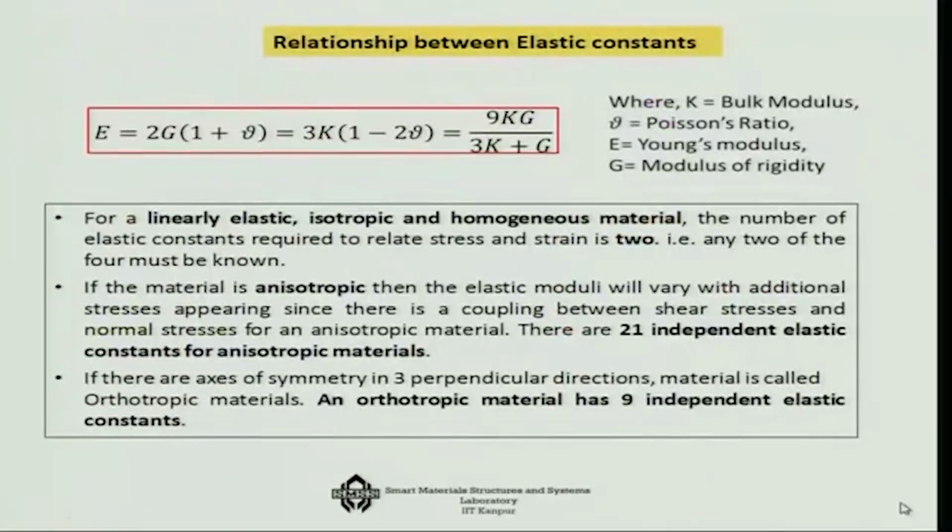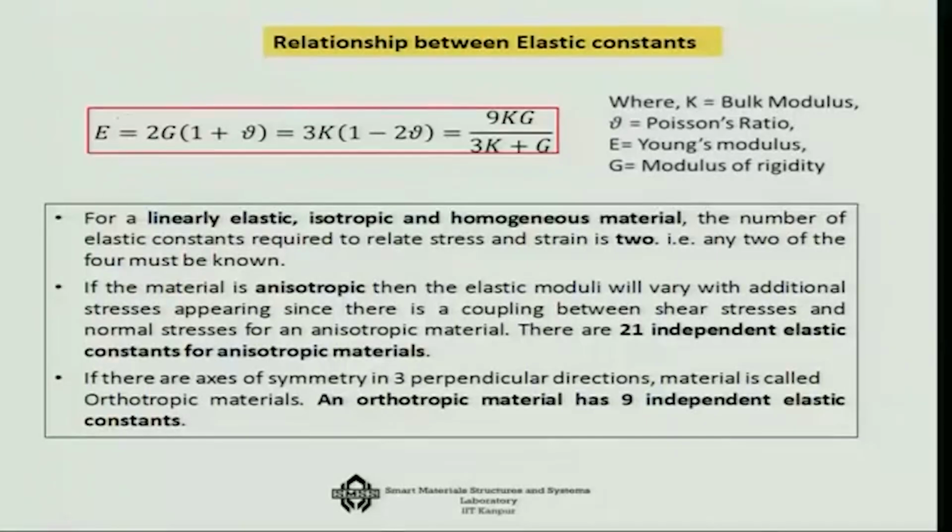Now, the elastic constants are related with each other by the relationships shown here, that E is related to G and G is related to K, okay, and hence for a linearly elastic, isotropic and homogeneous material, you need only 2 elastic constants, and then the other 2 can be derived.